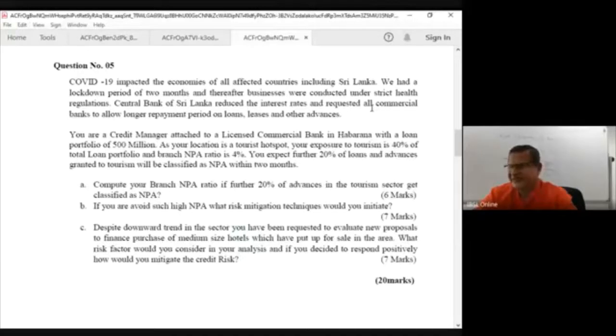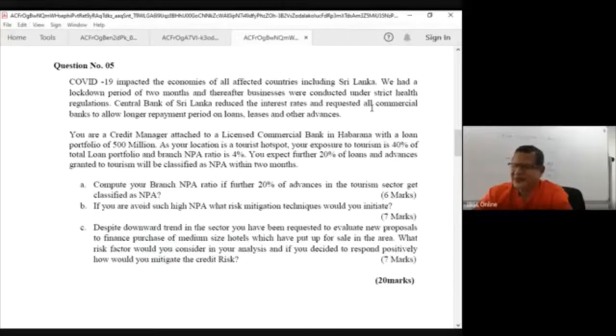So these industries being mainly tourism, tourism is a hit industry. So you need to reduce your exposure to the tourism industry and increase your other portfolio in order to avoid NPA. That is the first answer I can give you, because NPA ratio is your total NPA divided by your total advances.